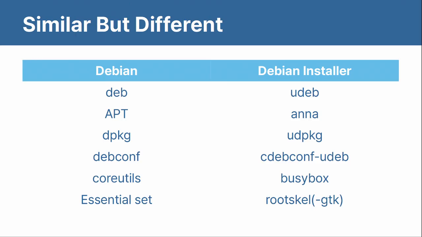Instead of coreutils, DI uses busybox, and when constructing a Debian system, you would debootstrap it and it would install the essential list of packages. But on the Debian installer side, we have this Debian installer build system that unpacks udebs itself. And most of the skeleton of the root system is something called rootskel, and if it's graphical, it's rootskel-gtk.